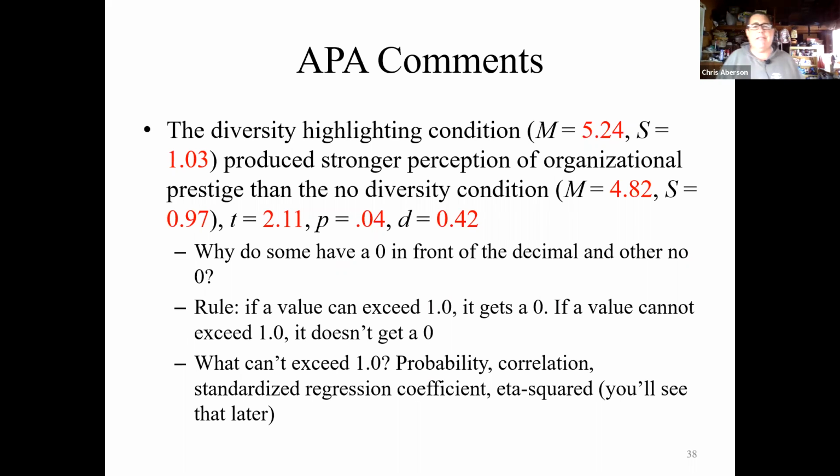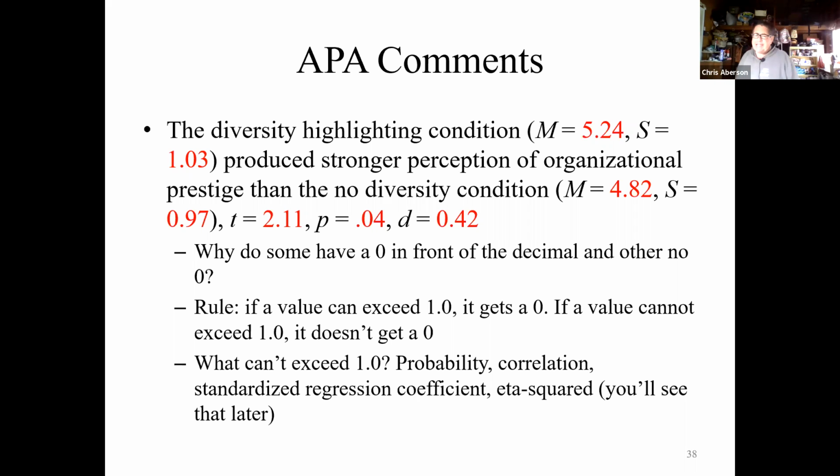All right, other pieces here. One thing you might notice is that some of these values, like the d value, have a 0 in front of the decimal, whereas the probability does not. Again, that's an APA style rule. If a value can be bigger than 1.0, and d can be bigger than 1.0, it gets that 0 in front. If the value can't exceed 1.0, it doesn't need the 0.